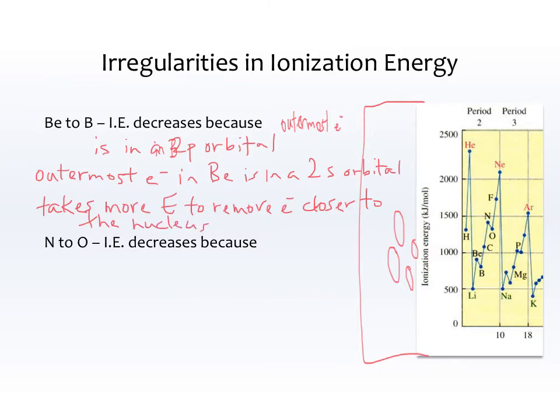Now remember, across a period, the ionization energy is going to increase because of the greater nuclear charge. So this effect only happens with beryllium and boron.